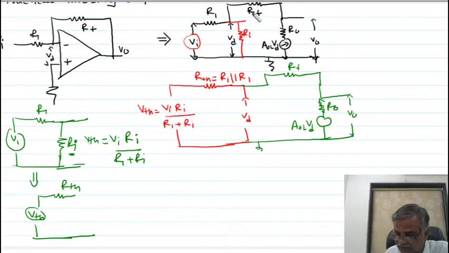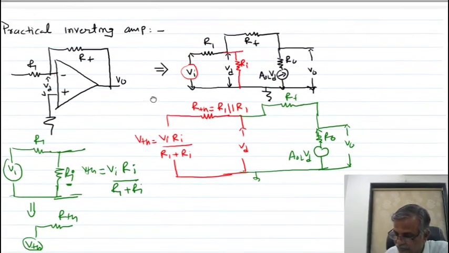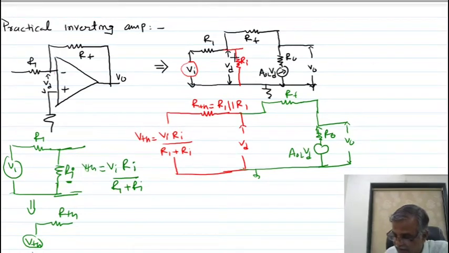This much only is the load. After this point, whatever is there, that is called load. So to calculate Vth, I open here. The voltage across this is called Vth. What is the Vth? Applied voltage into this resistance upon total resistance, that I have written here.